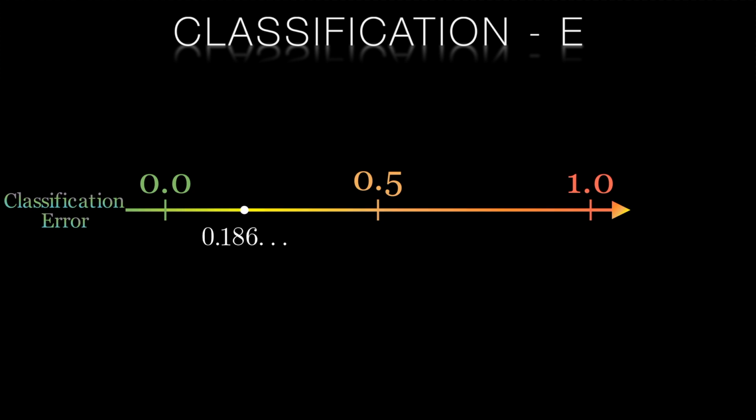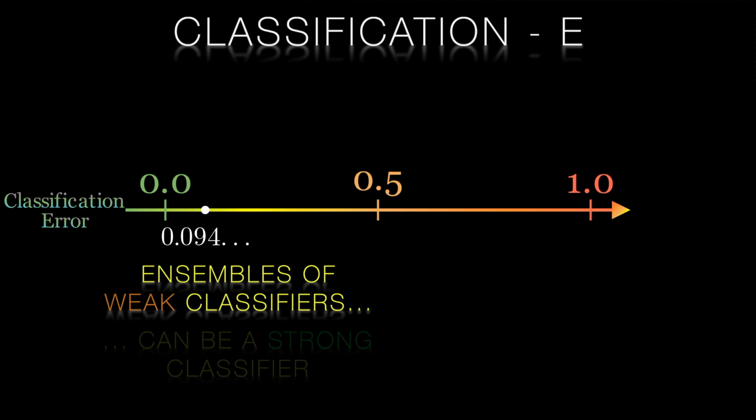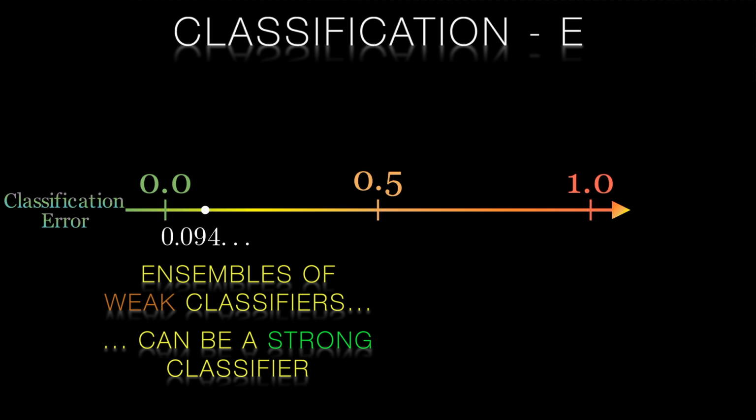Very often, we will have weak classifiers whose error is only a little better than flipping a coin. But, as we've seen, even weak classifiers can be extremely useful if you have enough of them and their errors are uncorrelated. We can let them vote as part of an ensemble.